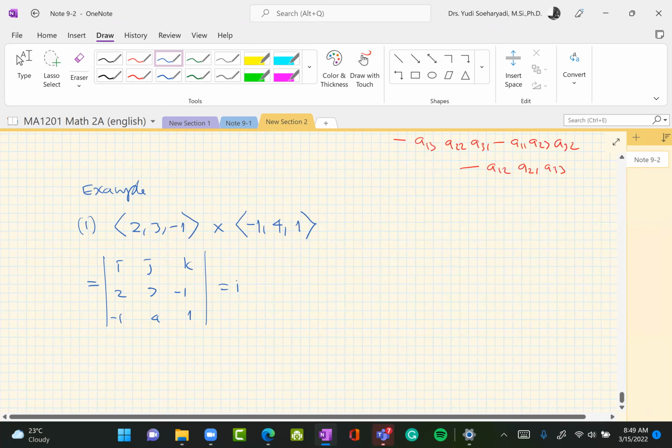So the I is 3 times 1, minus minus 4, so plus. J here is -1, so just 1, minus 2, 1. K here is 2 times 4, 8, minus 3. So plus, there you go.